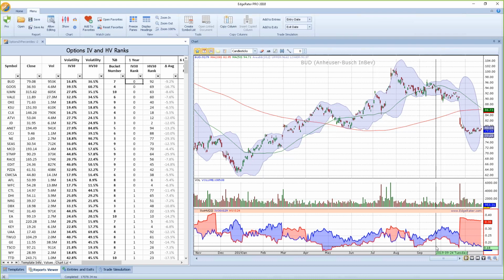So that means that the expected move in Anheuser-Busch is lower than it's been in a whole year. It also means that options are cheaper than they have been all year. You're not paying as much in premium for that option.